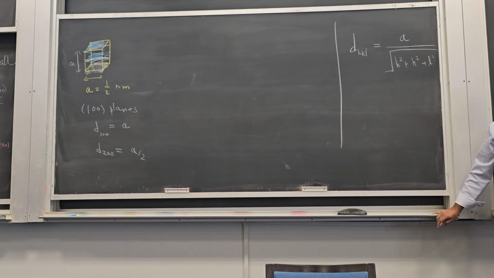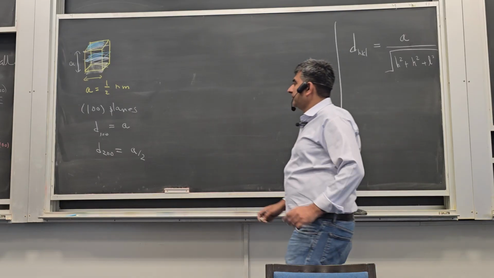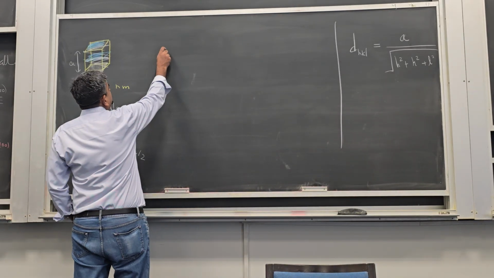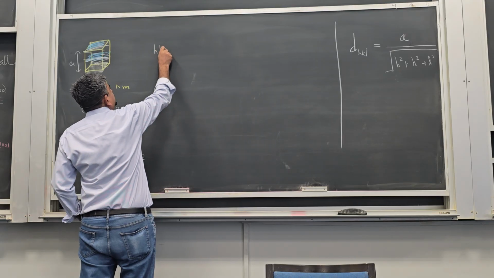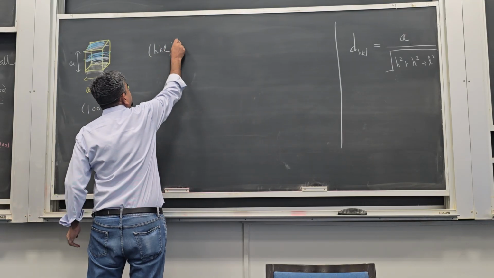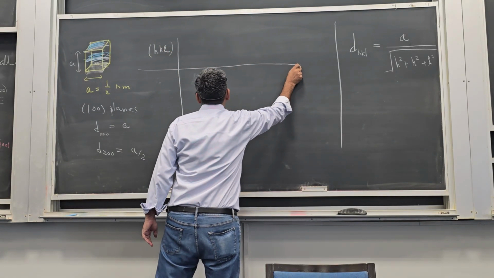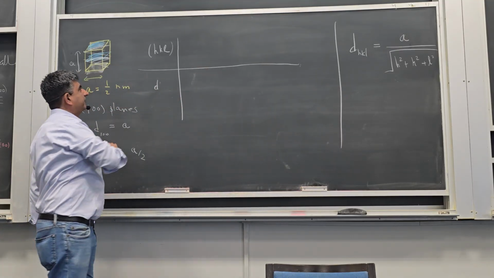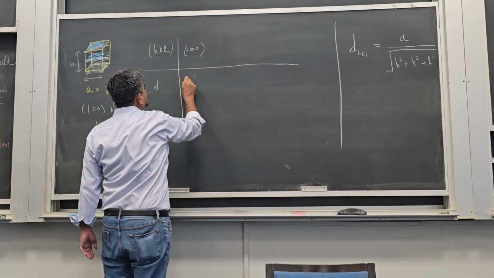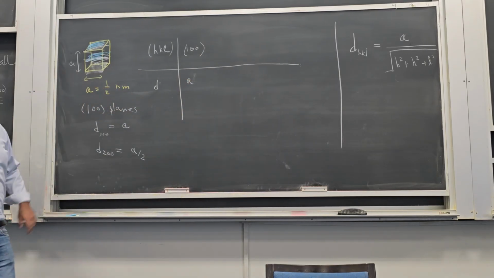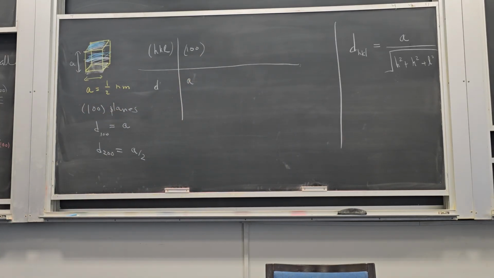Got it? So now let's, if I were to make some HKL planes, and I find out the distances between these planes. So for the 1, 0, 0 planes, the distance of course is a, as we've seen. Correct?